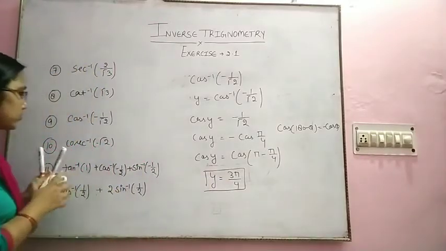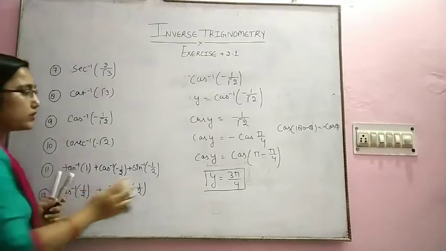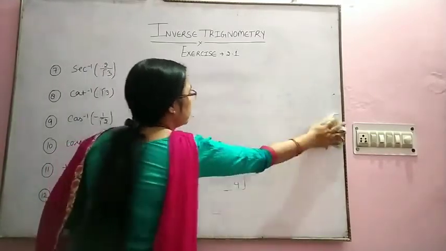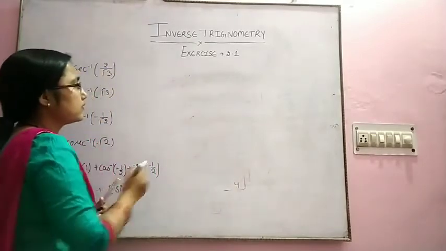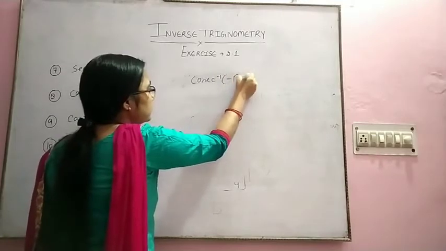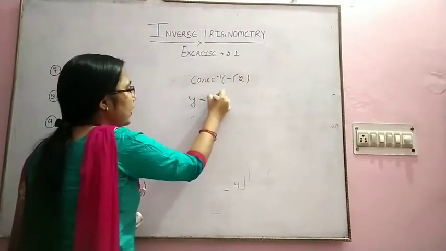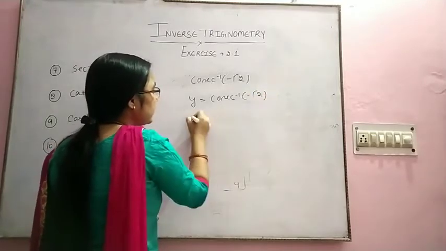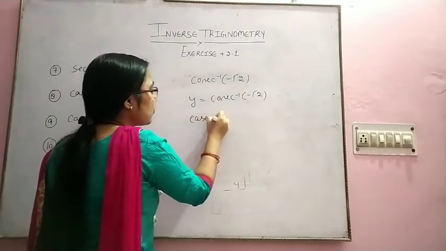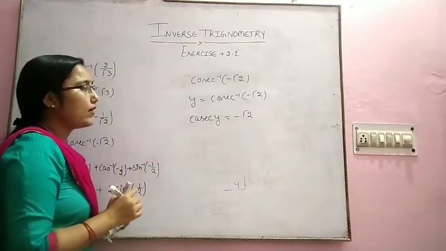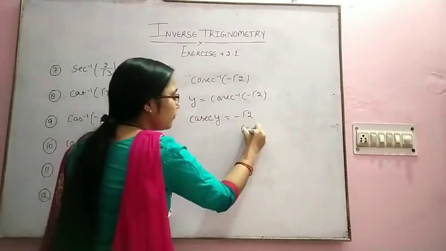Now come to the next question. This is cosec inverse minus root 2. Firstly, let y equal cosec inverse minus root 2. That means we can also write cosec y equals minus root 2. And root 2 is the value of cosec pi by 4.